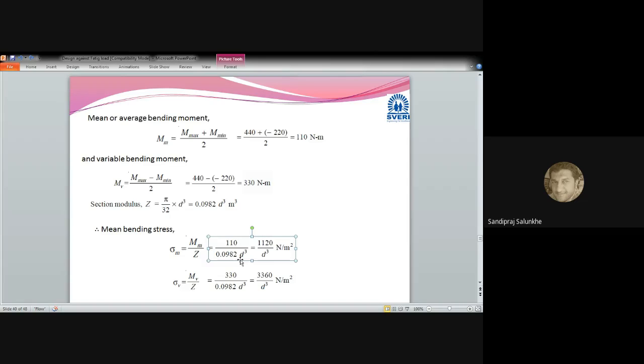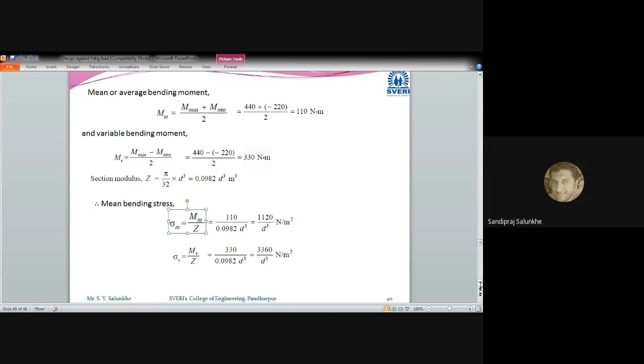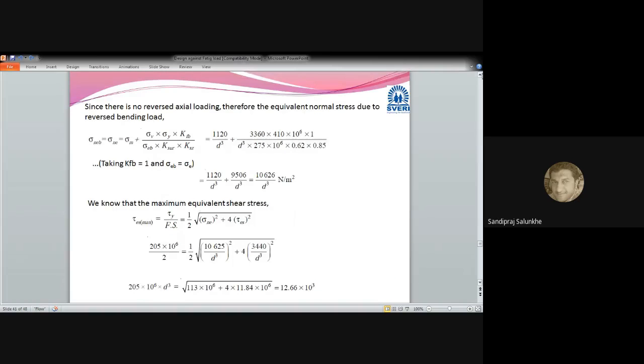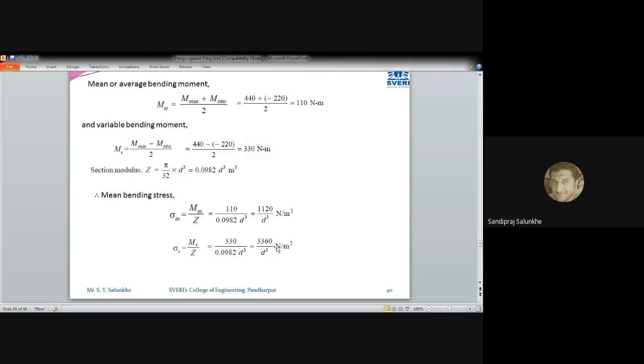Now, for all of that, the mean bending stress is 1120 divided by d cube Newton per meter square, and the average bending stress is 3360 divided by d cube Newton per meter square.